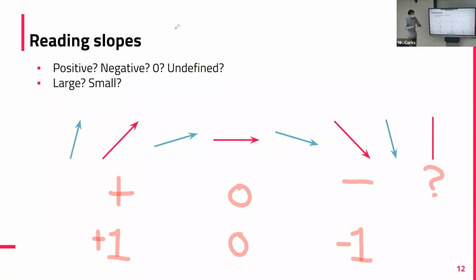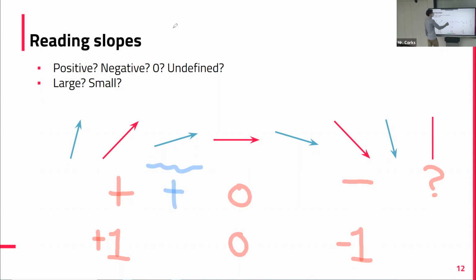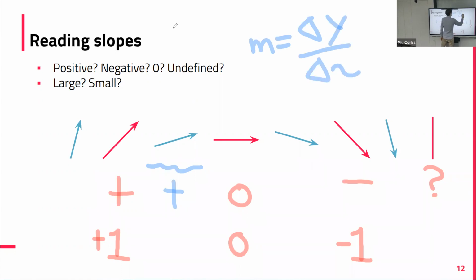Then we can just extend that to recognize the things that are between those positions as well, which also shouldn't be too bad. So let's say this one here, this second blue one. Is this positive or negative? It's positive, just like the other one. Slope formula, delta y over delta x.